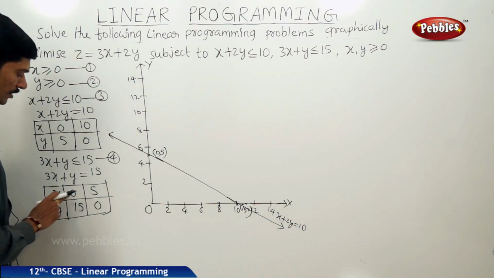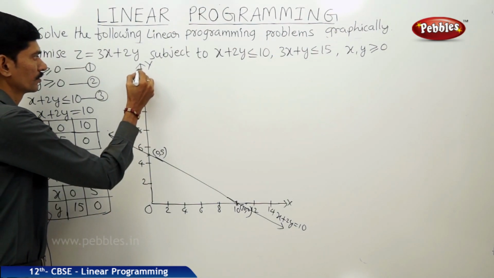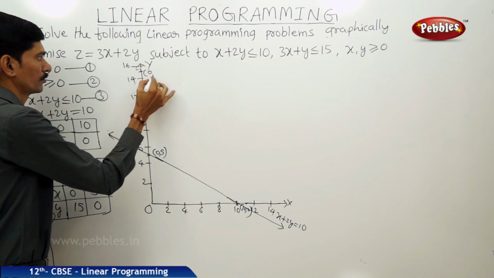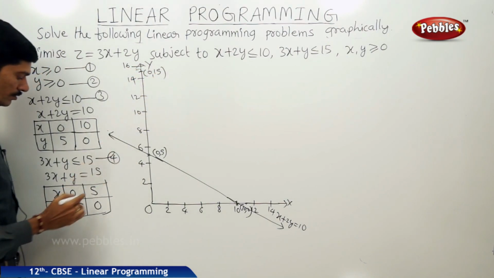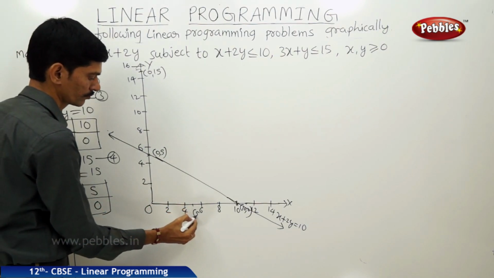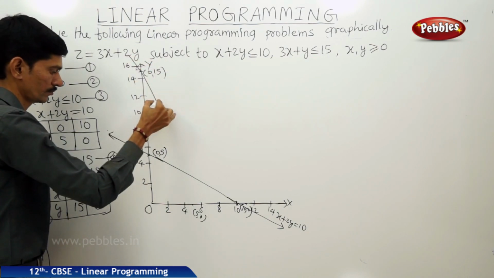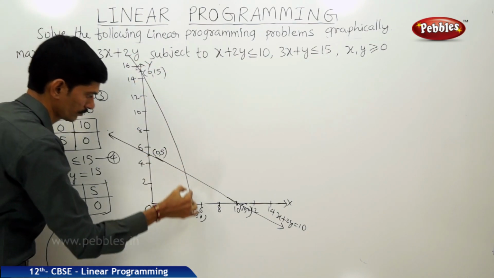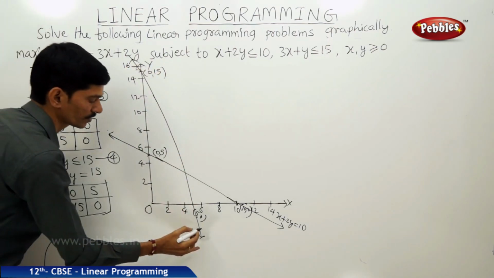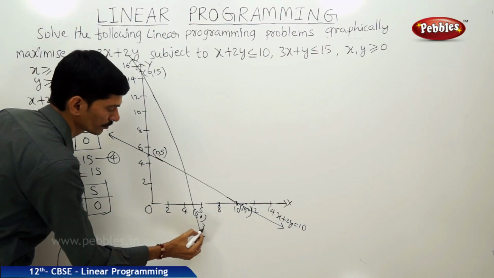Now next point 0, 15. And next one is 5, 0. So this line is represented by 3x plus y equal to 15.